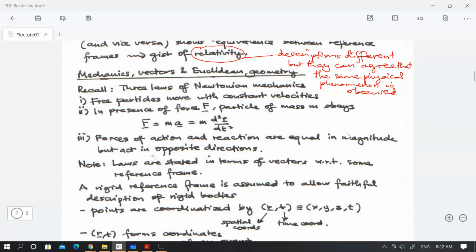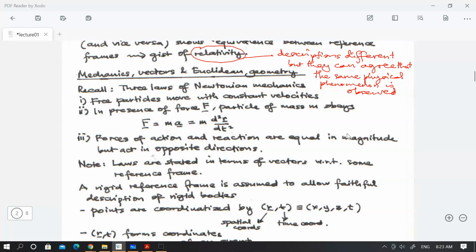Okay, and the main thing that one needs to observe here is that these are actually vectors. Okay, and you remember the description of vectors can be different in different reference frames, so you need to understand that. Okay, and then the third law is essentially that action and reaction are equal in magnitude and act in opposite directions.